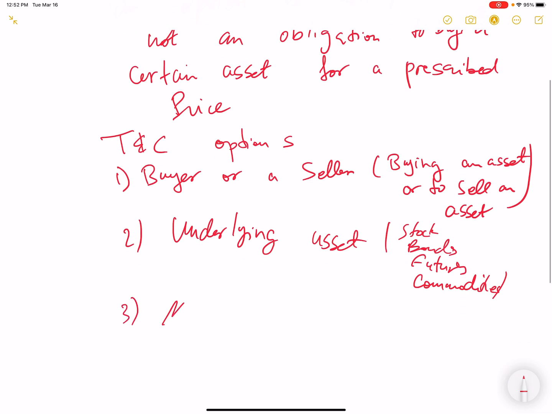Third is the maturity of the option. Okay, when does the option mature?